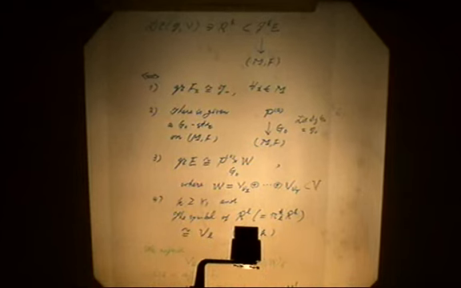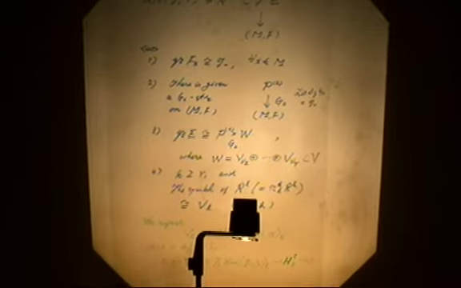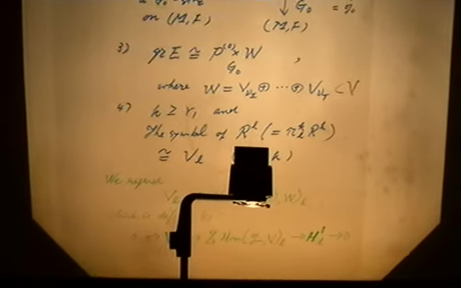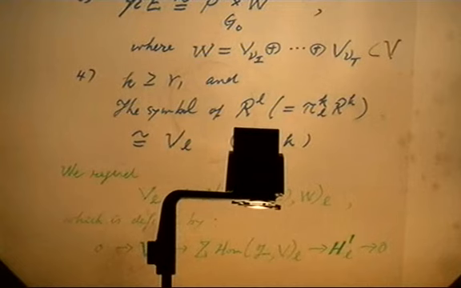And the symbol of RL, where K less than L less than K, is defined by the projection of RK to K. Then the important condition is that the symbol of RL is isomorphic to VL. That is, very roughly speaking, our equation RK is defined to be of symbol type VL.